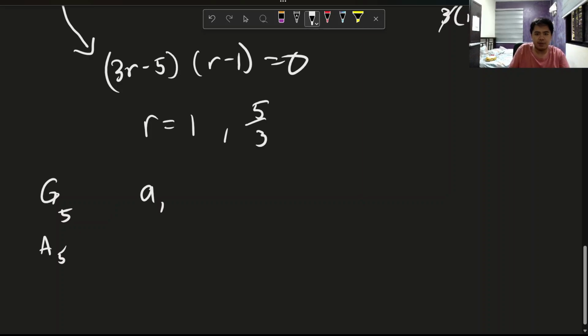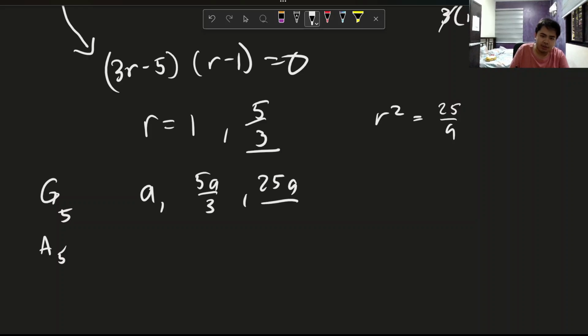We will set R to be equal to this. So A times R, or A times 5 over 3, is 5A over 3. And then AR squared. R squared is going to be 25 over 9, so that would be 25A over 9. This is going to be A. Let's just make that obvious. That is A, this letter.